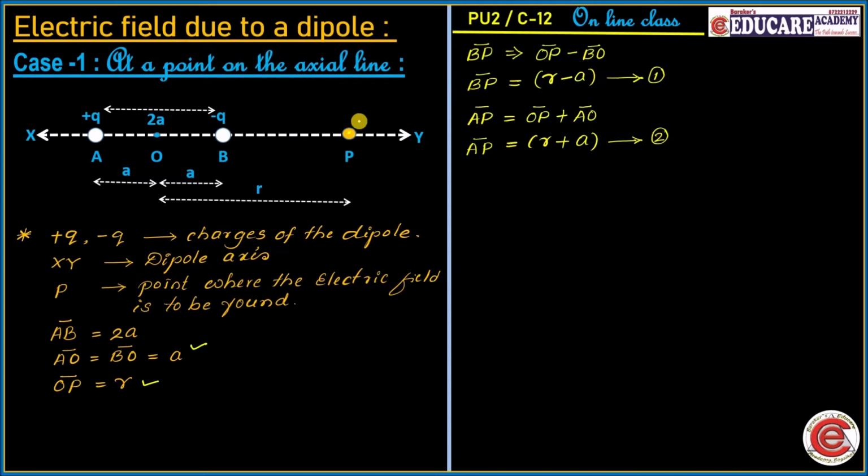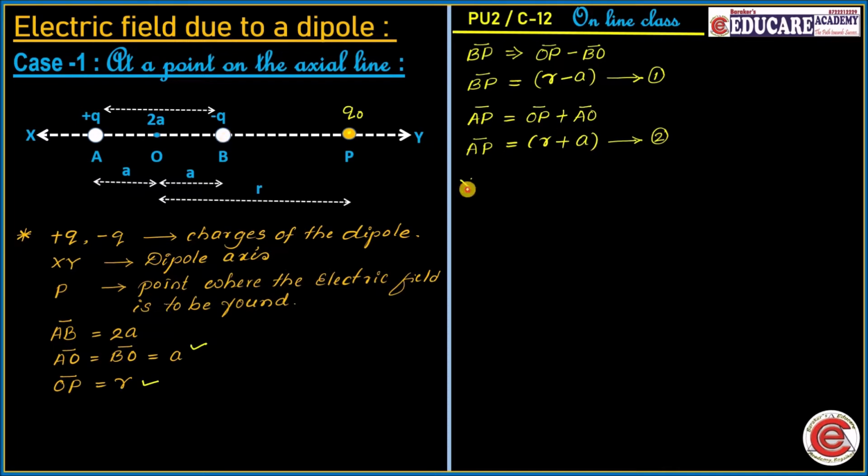Okay. Now let us focus on the main concept. See, if I have to calculate the electric field at the point P, then I have to imagine a unit positive charge or the test charge at the point P. Now if I consider a test charge at the point P, then this test charge experiences the force due to the two charges of the dipole, because this test charge comes under the electric field created by the dipole.